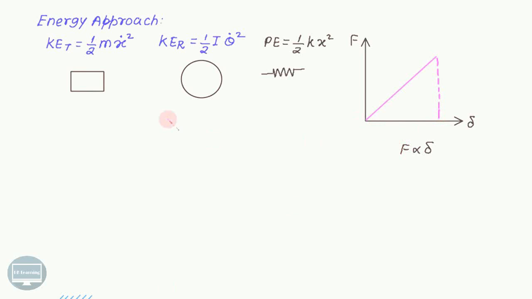And in the flywheel we have done that work done is equal to integral T d theta, which is the same as integral F into dx.